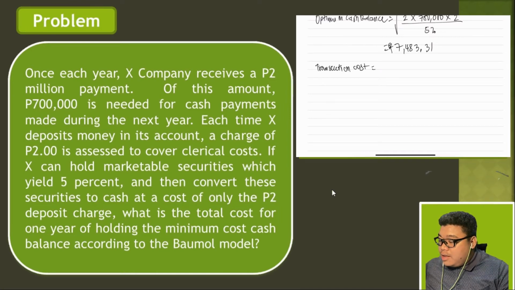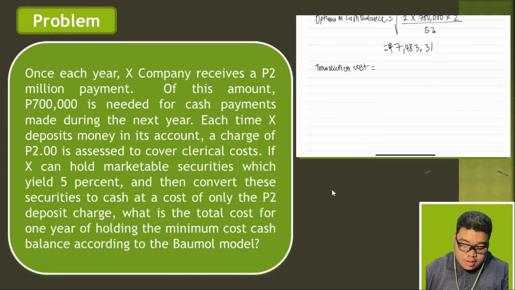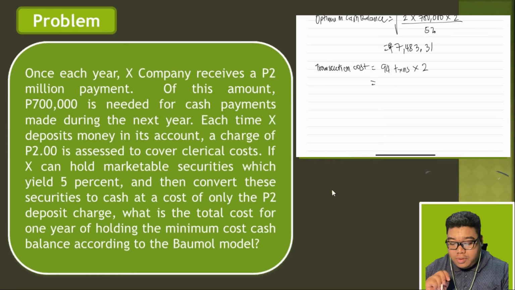So you would have 93.54 times. So the transactions would be 93.54 transactions, or 94 transactions multiplied by 2. That would be our transaction cost. That is 188.